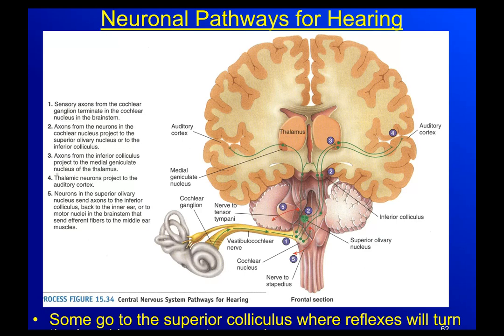So the neuronal pathway. The sensory axons from the cochlear ganglia actually terminate in the cochlear nucleus of the brainstem here at number 1. Okay?